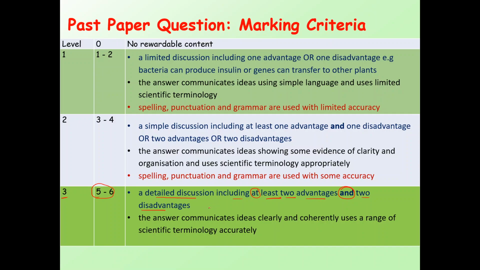Now we had 3 in my example advantages and 2 disadvantages, so we've met that point there. The answer communicates ideas clearly and coherently and uses scientific terminology. Okay, well we used words such as insulin, beta carotene, vitamin A. Okay, so we have met that criteria there as well. So the example I've just given you would fall into this category here and is likely to have scored 6 marks. Pause the video now and have a go at marking your own response.